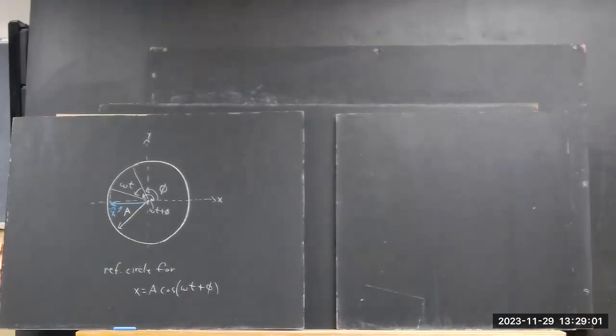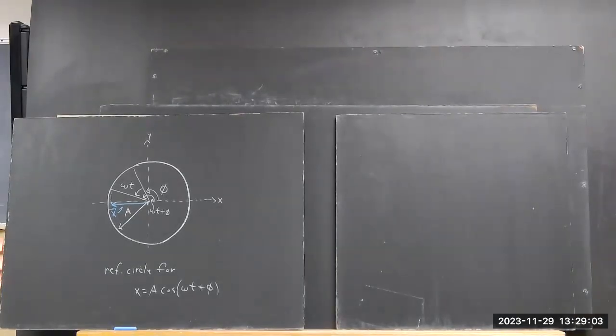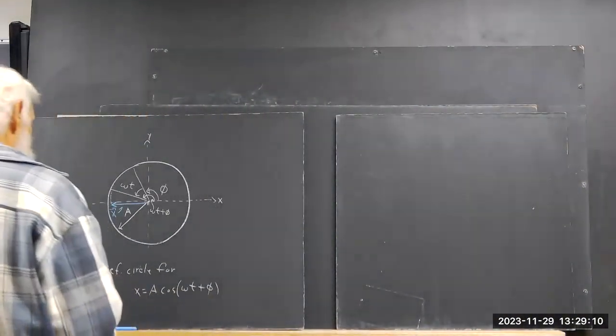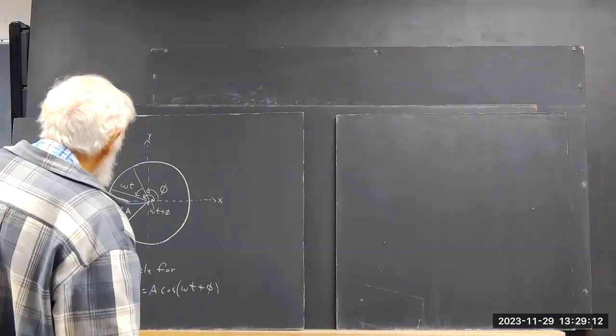And that's going to be a model of simple harmonic motion. That shadow will actually be in simple harmonic motion, even though it doesn't have the mass or restoring force. There's more to this model.